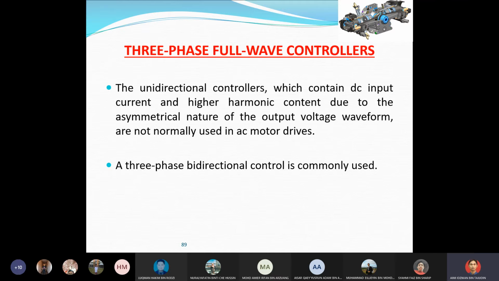Sebab dia akan menjadikan motor tu vibration. So a 3-phase bidirectional control is commonly used. So bila 3-phase ni kita bagi terus dengan bidirectional supaya kita mengawal, untuk setiap phase tu kita akan dapat voltage yang konsisten.